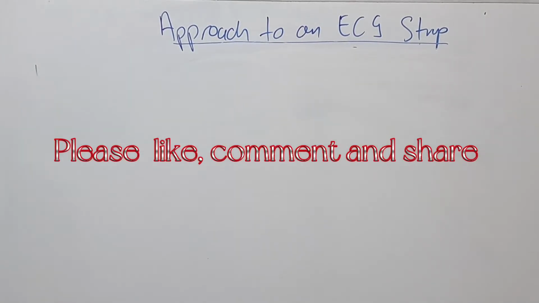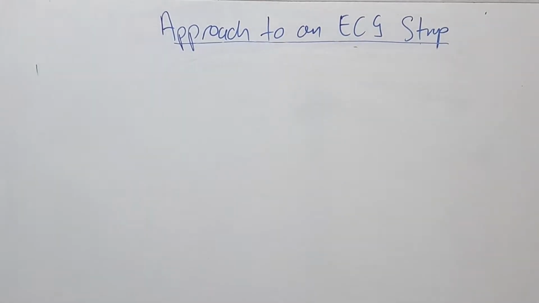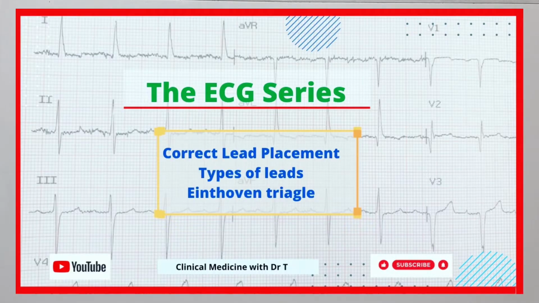I hope that if you're watching this video, you have already watched the other 3 videos that we have done up to this far. The first video that we did was the correct placement of the leads.